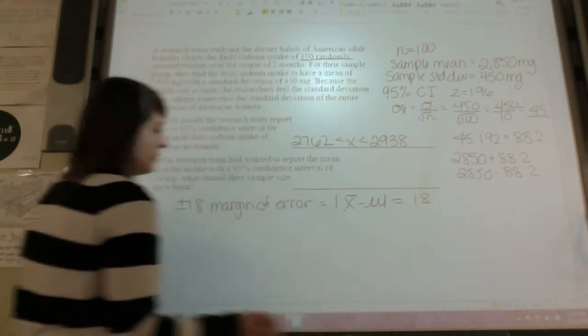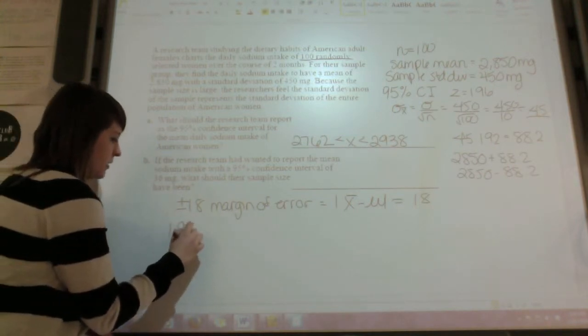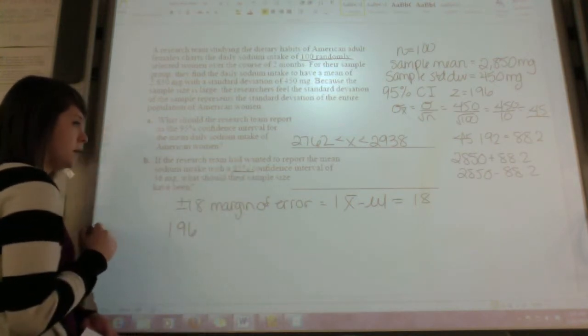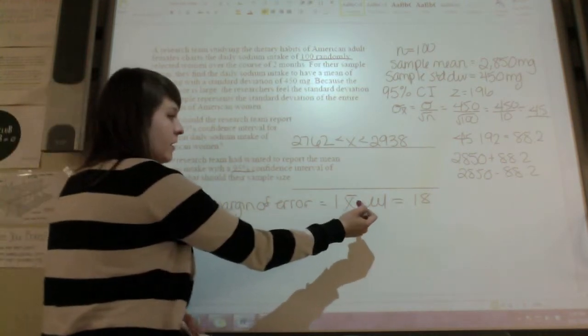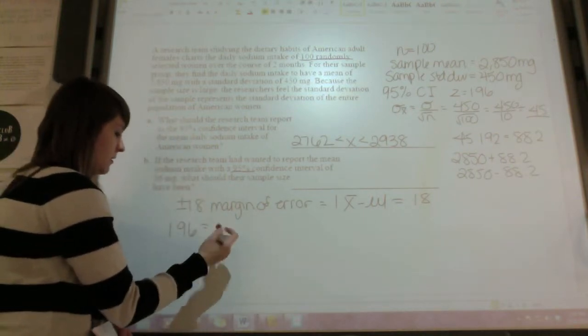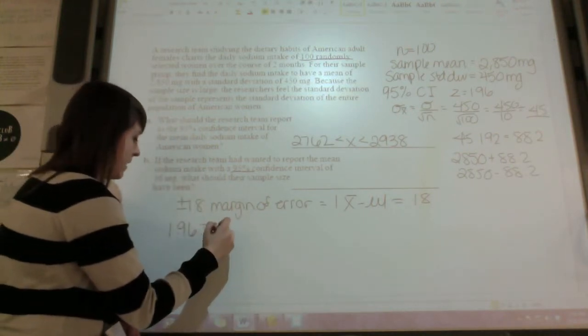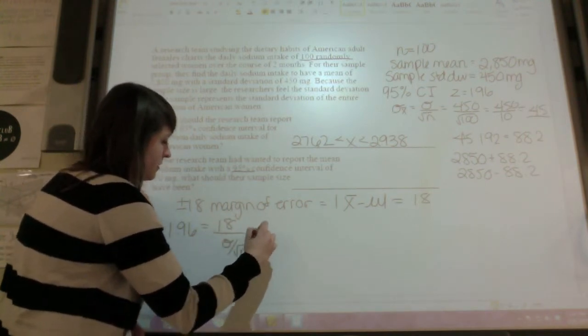So when I'm calculating my z-score, which I know was 1.96 because I'm continuing with the 95% confidence interval, I know that I have the absolute value of x bar minus mu over my sigma over square root of n. So this is 18 over sigma over square root of n.